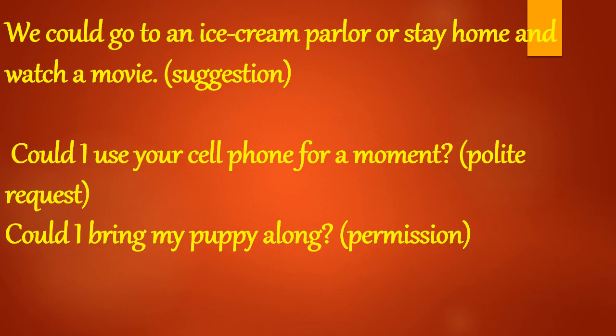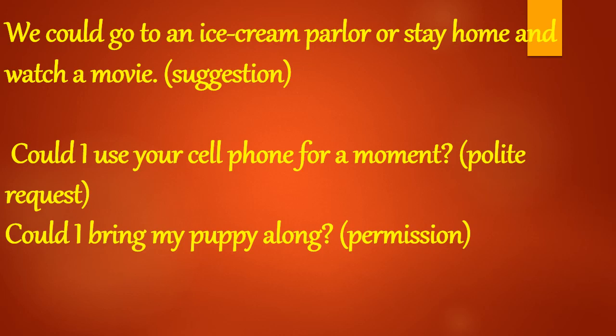Next use, for suggestion it is used. We could go to an ice cream parlor or stay home and watch a movie. So this is a kind of suggestion. For suggestion also we use could. Next is, could I use your cell phone for a moment? So could is used for polite request.